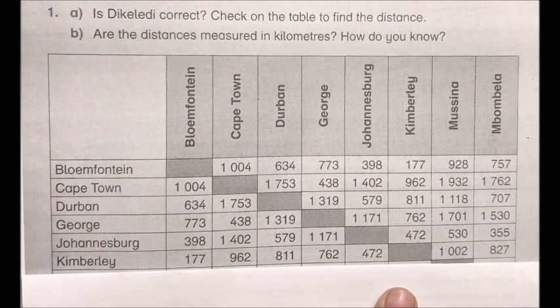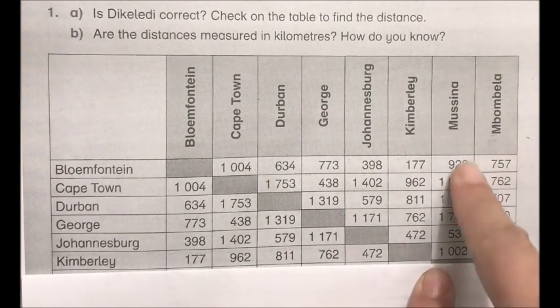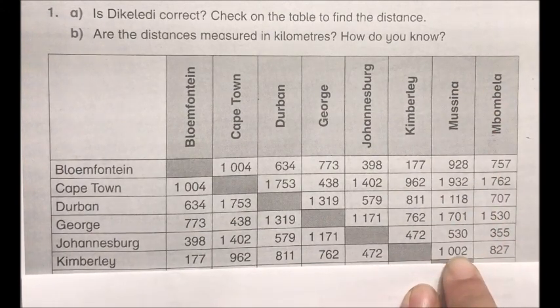Dikeledi's statement said that Kimberley and Messina is 1002 kilometers apart. Do we agree? Well, here's Kimberley, and when it meets up with Messina, that is what is given. So you have to decide, grade 6s, was he correct, yes or no? Then at number B, are the distances measured in kilometers? How do you know? So that's basically a yes-no answer, and you simply give your own reason as to why you say so.